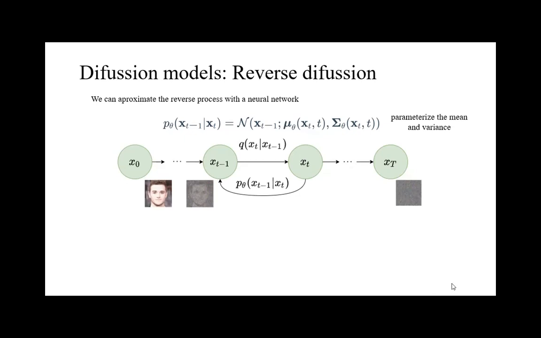How they initially solved this problem is that we need to parameterize the mean and the variance of the distributions. And the way we do that is that we use a neural network that models the mean and variance of my Gaussian distribution. And that's how we learn the noise of the previous step.